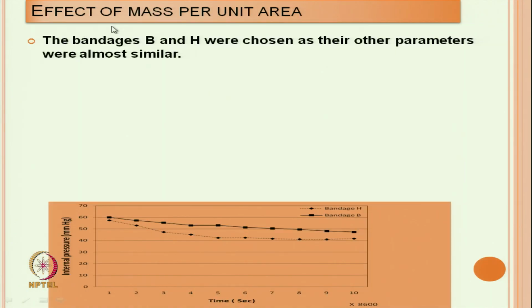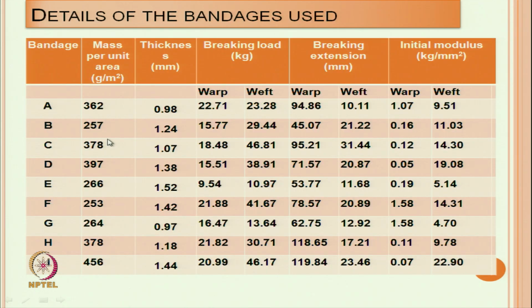Now, the effect of mass per unit area of bandage. We have taken bandage B and bandage H. Bandage B has a mass per unit area of 257 and bandage H is heavier, at 378, and other parameters are almost the same except the mass per unit area.